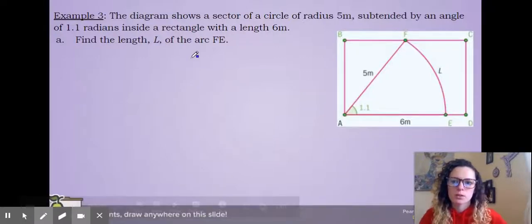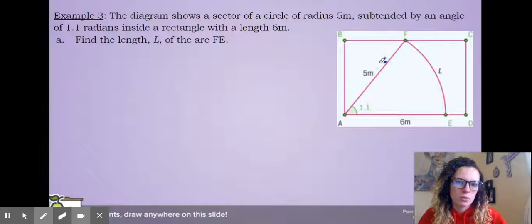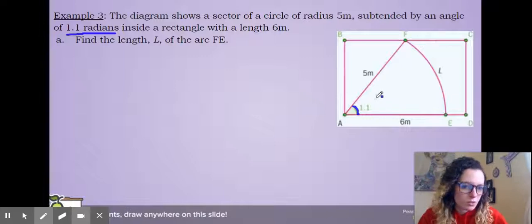In this example, the diagram shows a sector of a circle with radius 5. So this length from A to F is 5, subtended by an angle of 1.1 radians. Two things. Number one, they say in the problem that it's 1.1 radians. You can also tell when an angle is given in radians if you don't see the degree symbol.